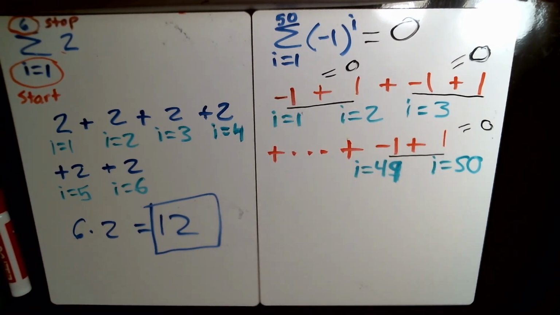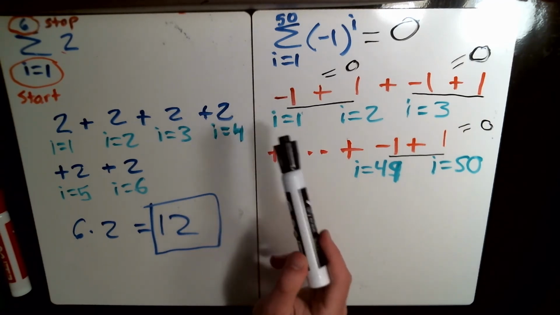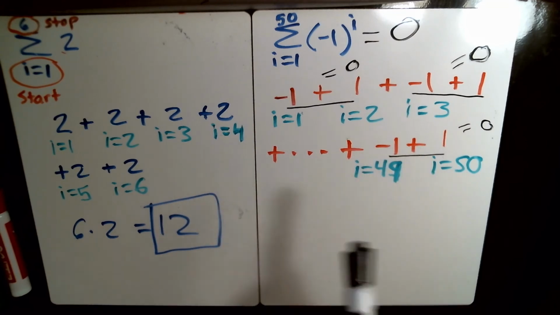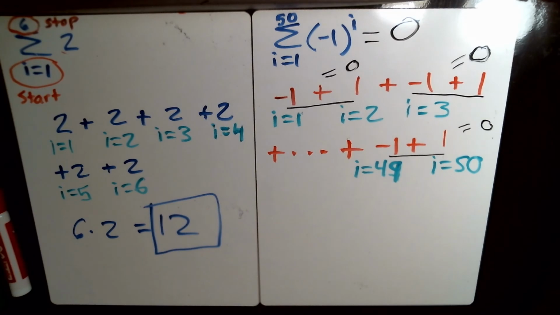Even though it's a huge sum, right? There's 50 numbers in this sum, but you can figure out the answer is 0 just by kind of looking at the pattern here. Okay, so hopefully this kind of helps with sigma notation so that you can get a bit of a handle on it.